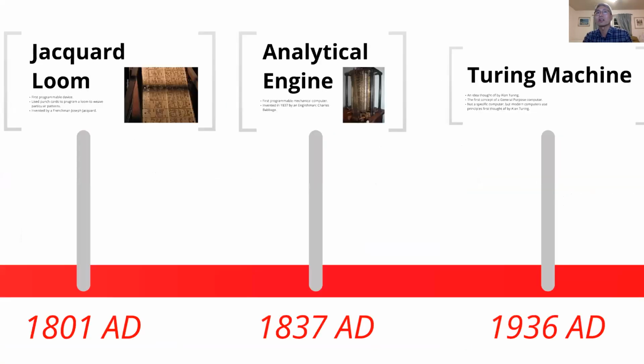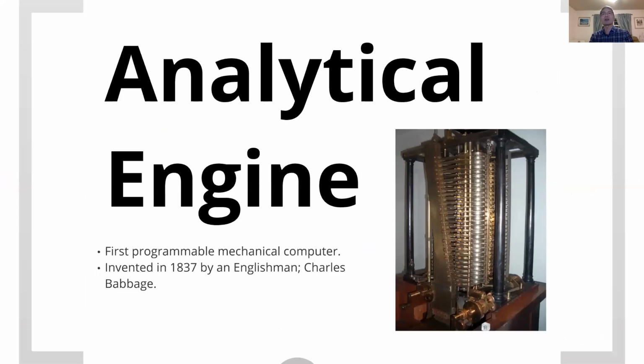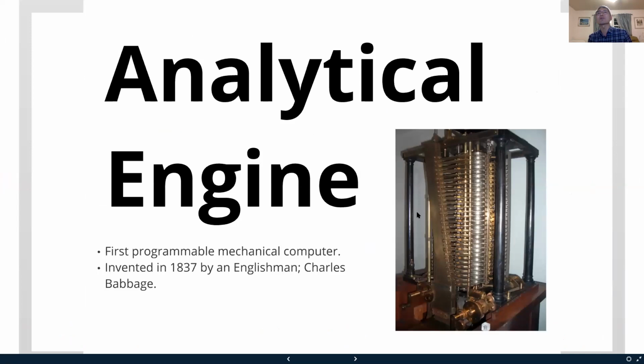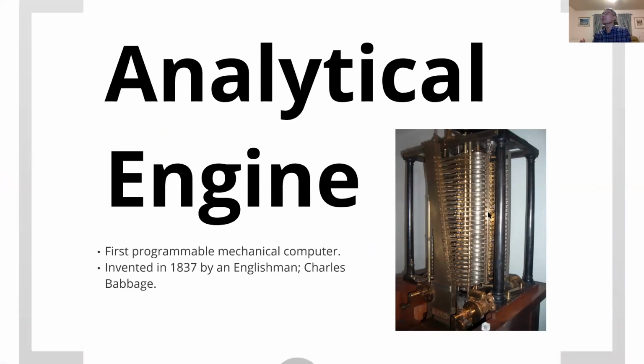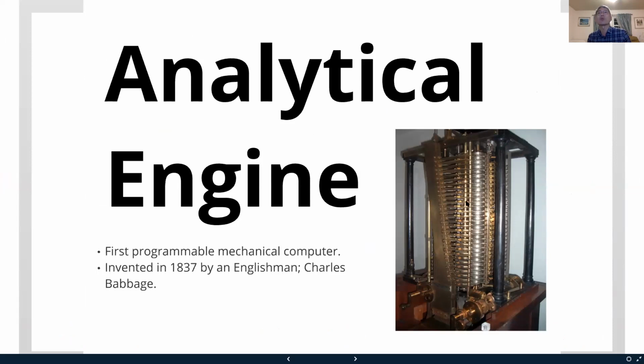Then the 19th century is much improved. It's the analytical engine. This is a programmable mechanical computer. However, it's different from the current computer. When we are saying computer, it's based on what? Electricity. So it's an electrical computer. But until that time, we didn't use electricity.